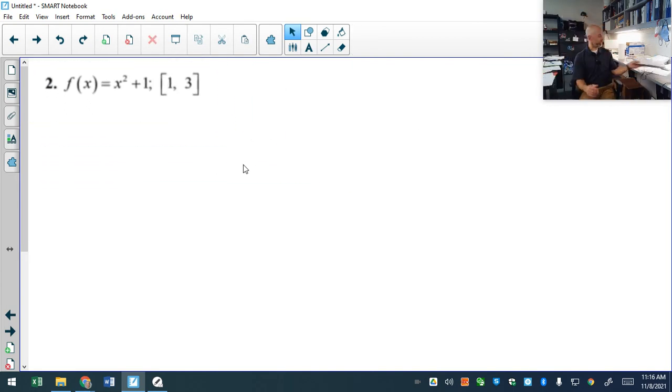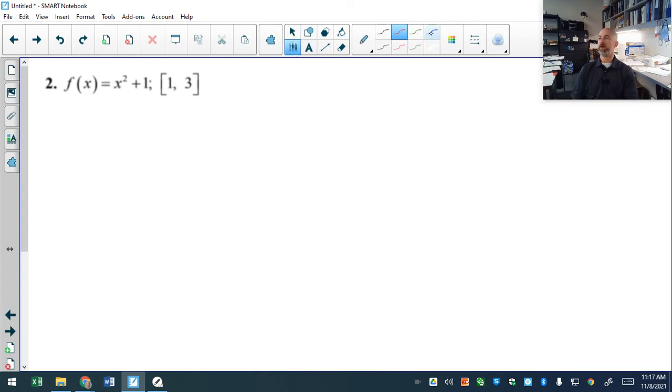And for these problems, your main formula that you're using is the limit as n goes to infinity of the sum of f of x sub i times delta x, and your delta x is b minus a divided by n.